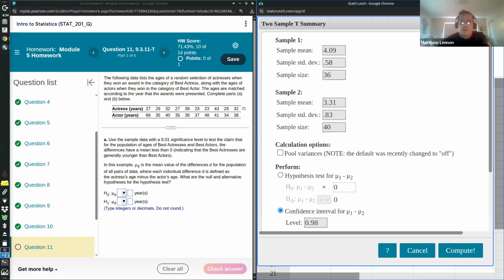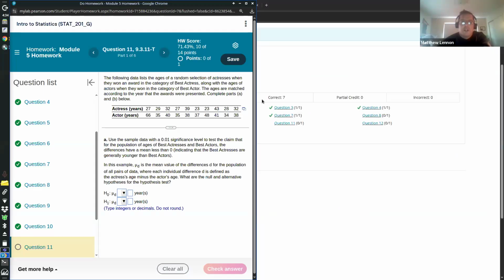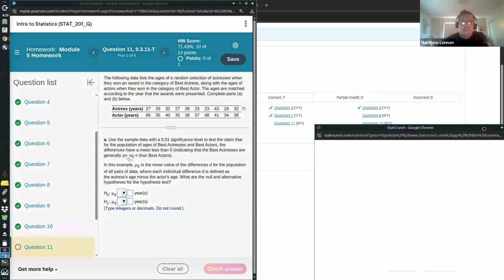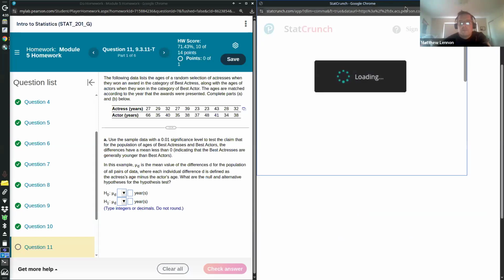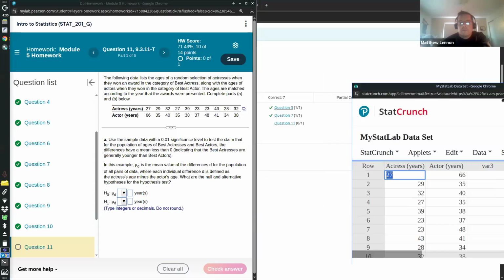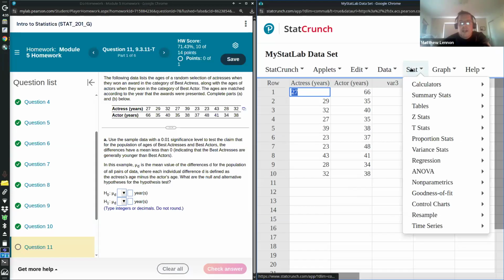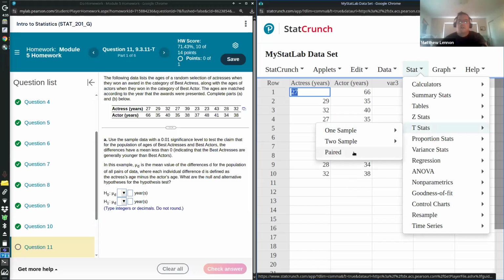So what you want to do, again, is close your StatCrunch and then use this little double rectangle box to open it in StatCrunch. Now for this one, you do Stat, T Stats, and you go down to the one that says paired, because there's exactly the same number of samples.